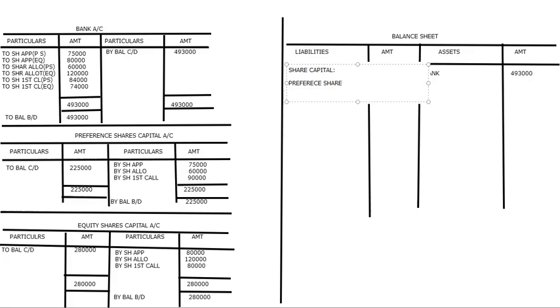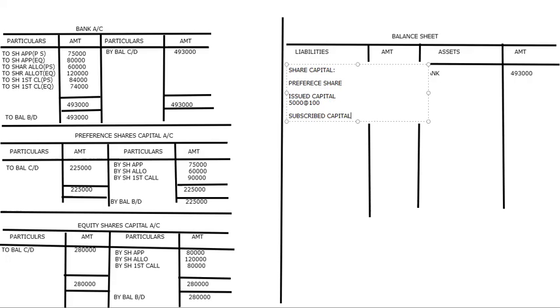In that we are going to write issued capital. How much we actually issued as capital? We have issued 5,000 shares at the rate of 100 each. But did they subscribe the same? No.